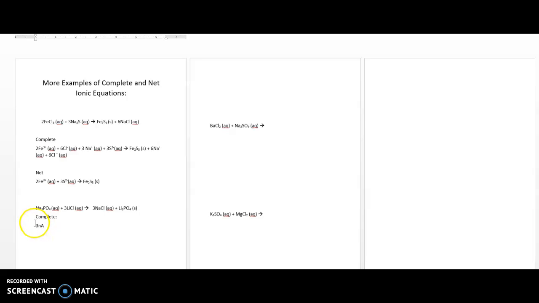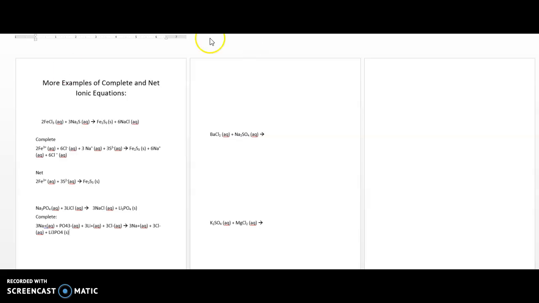So 3 Na plus aqueous plus PO4 3 minus aqueous plus 3 Li plus aqueous plus 3 Cl minus aqueous makes 3 Na plus aqueous plus 3 Cl minus aqueous plus Li3PO4 solid.